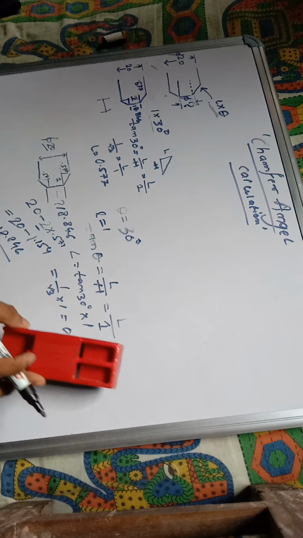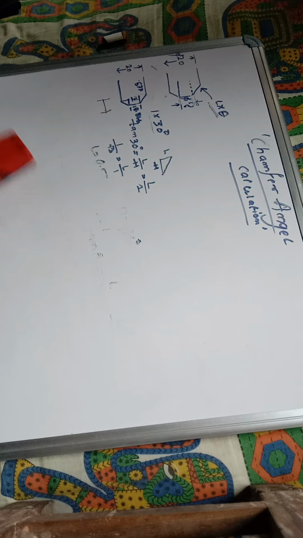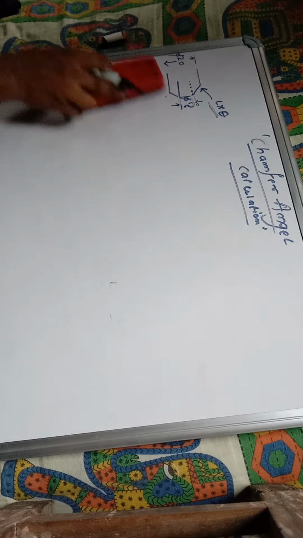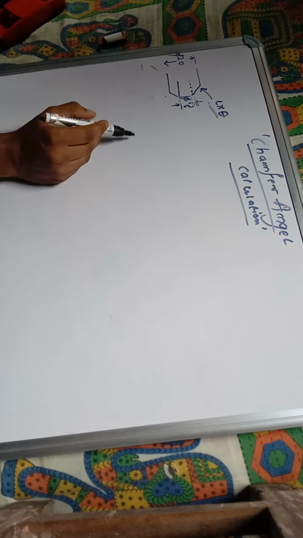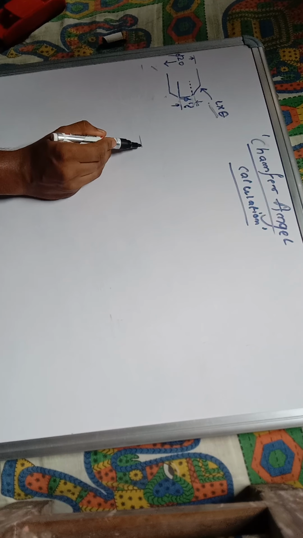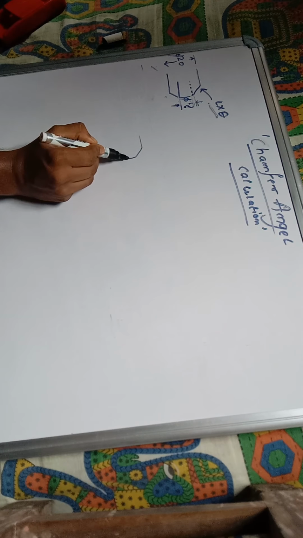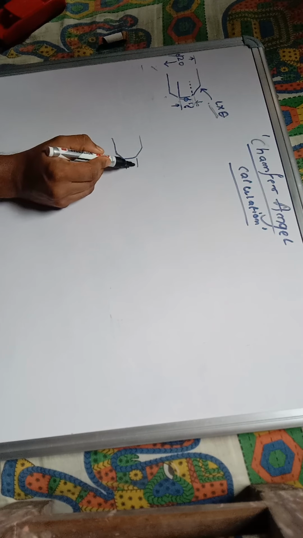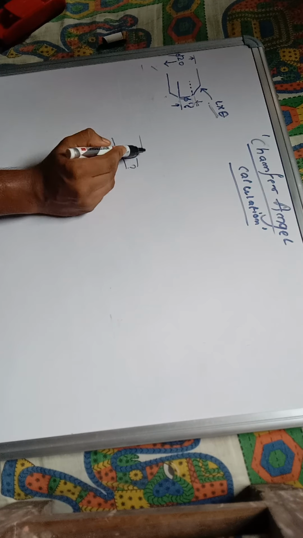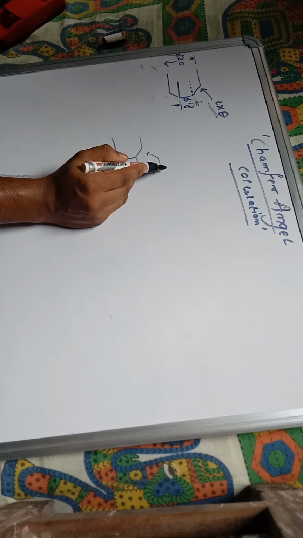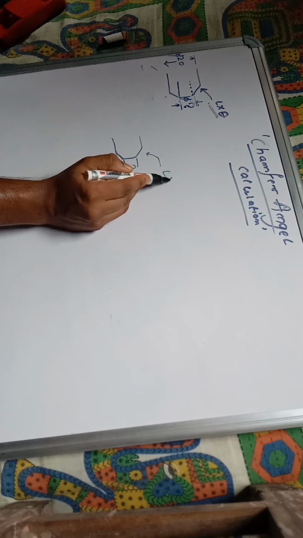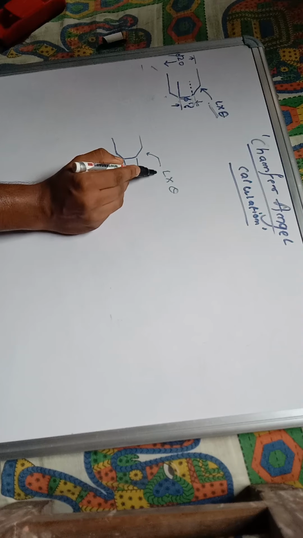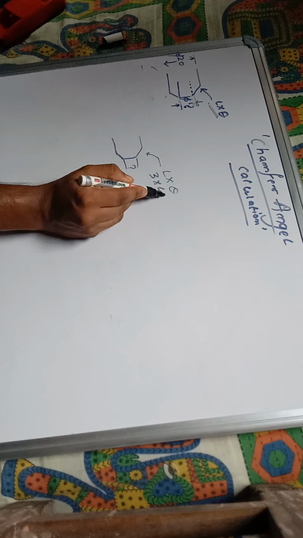Suppose we take another example. Suppose you have to find this OD, and the given values of L theta are 3 into 45.